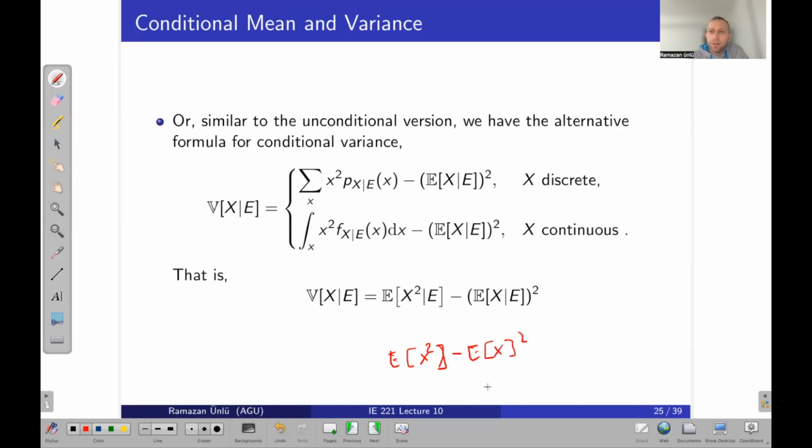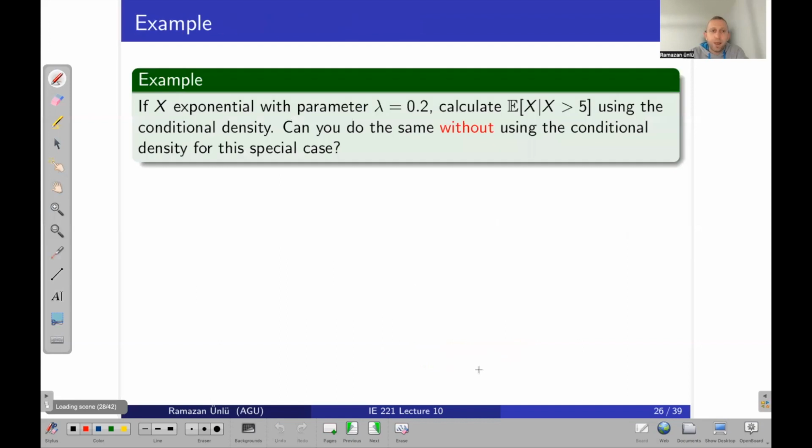We have just added the conditioning event here. Everything else is the same, so the logic is the same. By thinking in this way, you can make all these things more concrete and comprehend the logic behind these formulations.